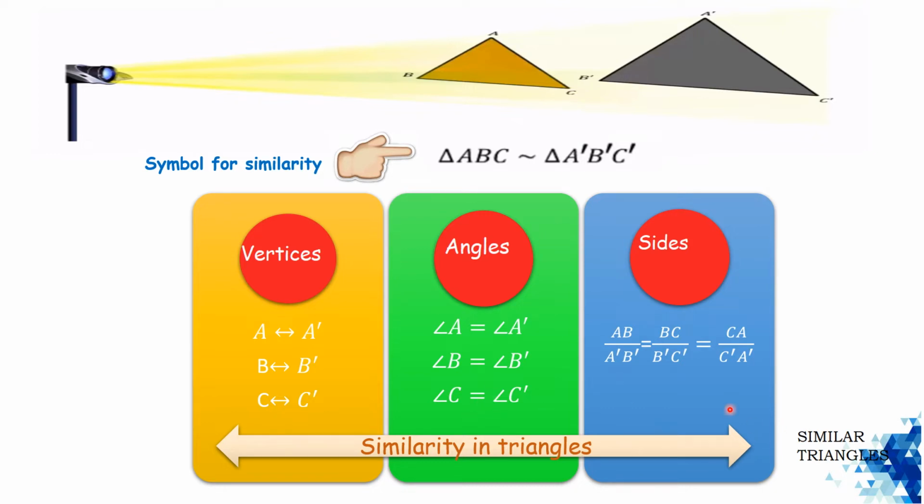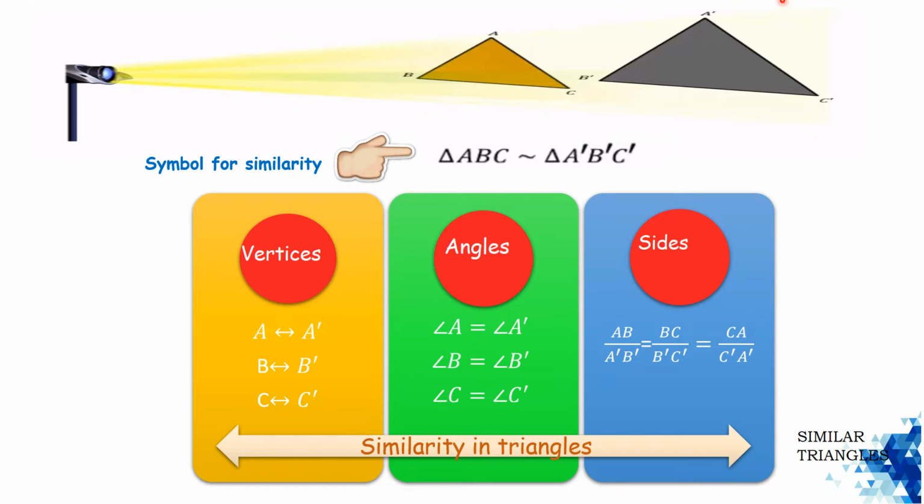And about the sides, this is the interesting thing in similarity. If I take the ratio of the sides, AB's corresponding side here is A dash B dash. If I find the ratio AB by A dash B dash, I will get a constant number. Am I right?